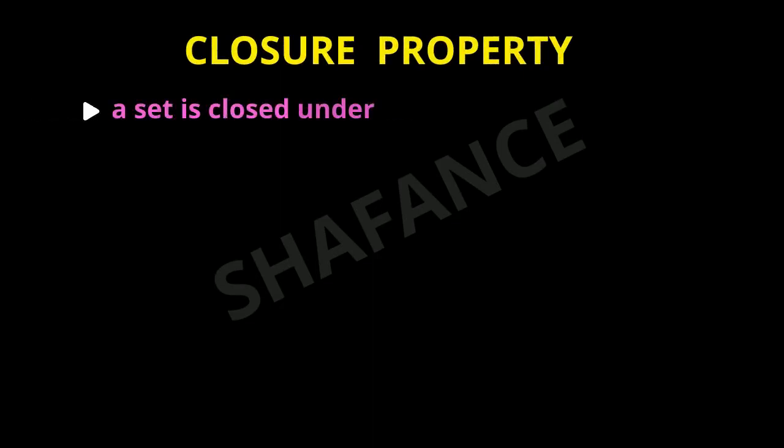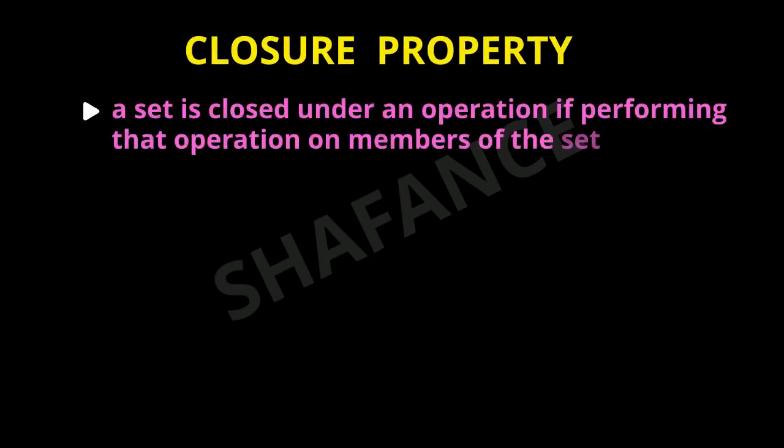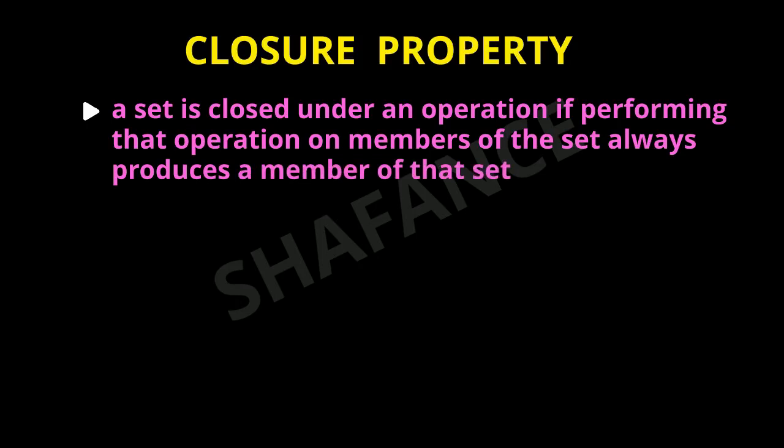A set is closed under an operation if performing that operation on members of the set always produces a member of that set. So the closure property applies to a set of numbers and for a particular operation.